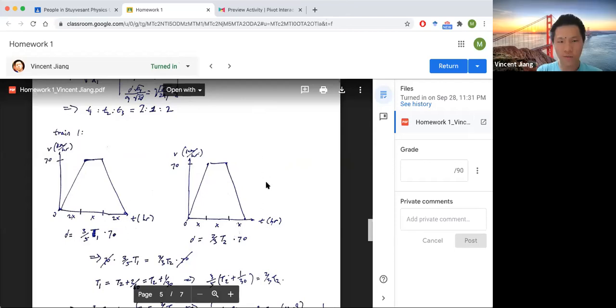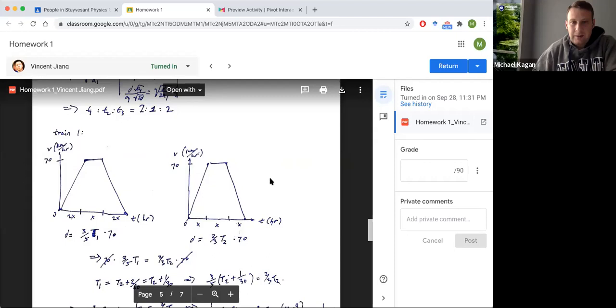I had a hard time finding out the relationship between like T1, T2, and T3. That's why I did that first, and then I did the graph, because I didn't know it was going to be separated into a ratio of 2 to 1 to 2 before. Okay, just give me a second.